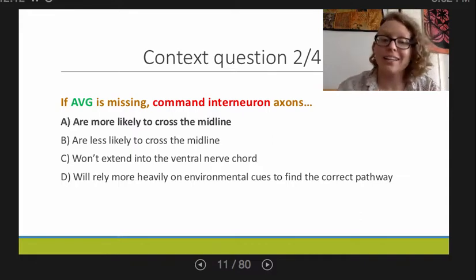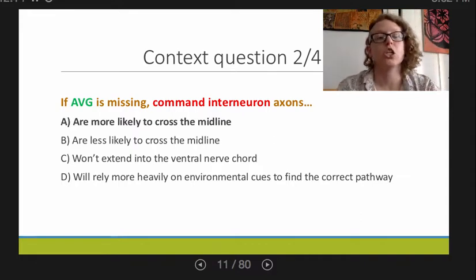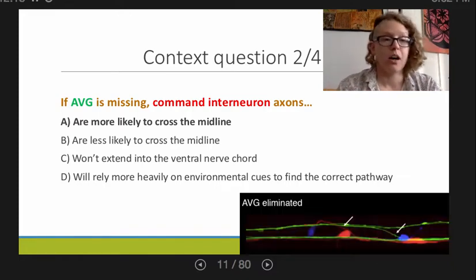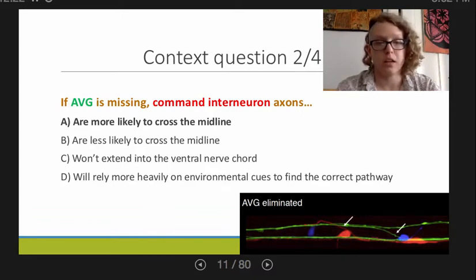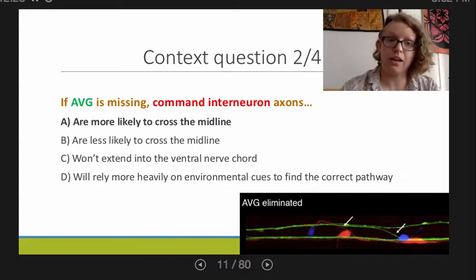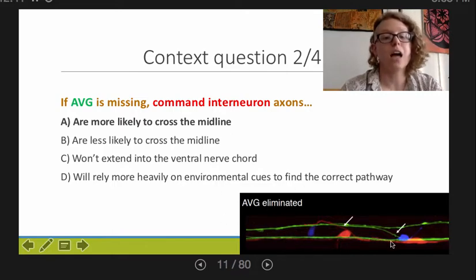The answer is A. They are more likely to cross the midline. So remember, the command interneurons are following AVG, and AVG is keeping them all together in the right. They're not supposed to cross to the left, but when AVG is eliminated, we see some crossing over events of these things crossing to the left ventral nerve cord.